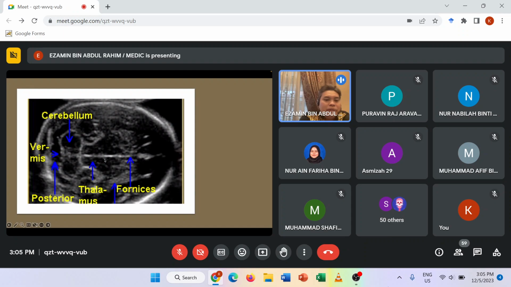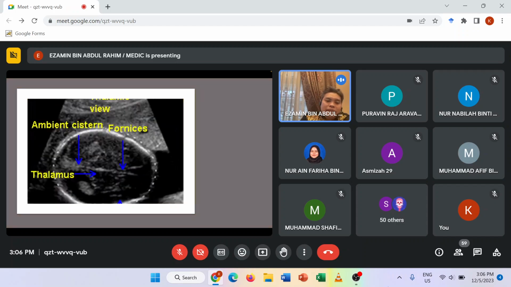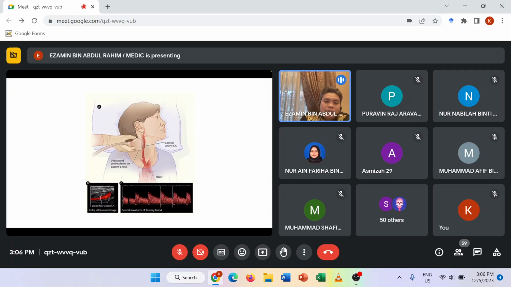Normally we use it for intracranial imaging in pediatric patients. We want to see the third ventricle, lateral ventricle, the brain structure, sometimes cardiac as well. Most of the time we want to look at the lateral ventricle. Sometimes for adults, we want to see the cranial artery, carotid artery.